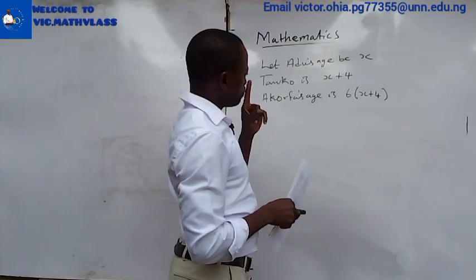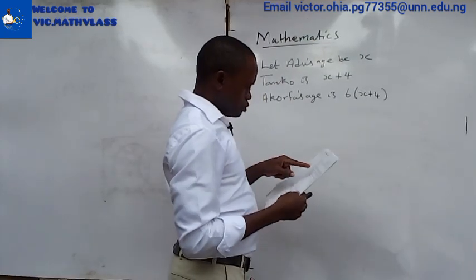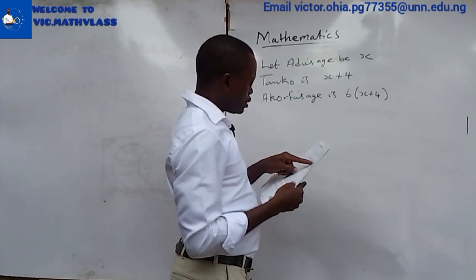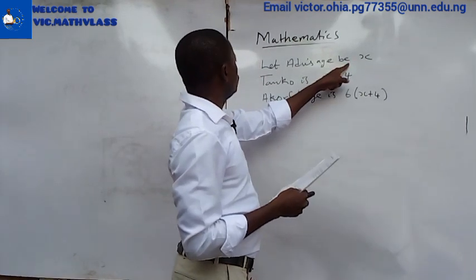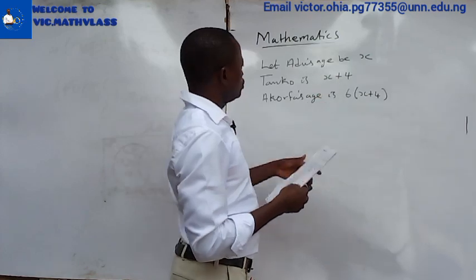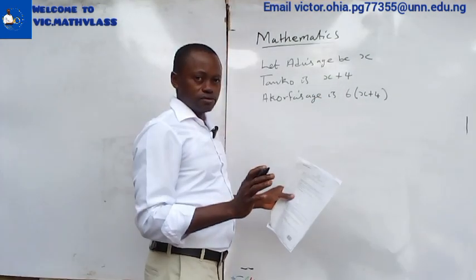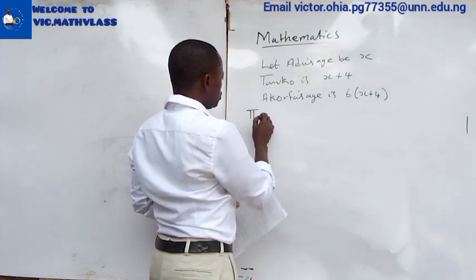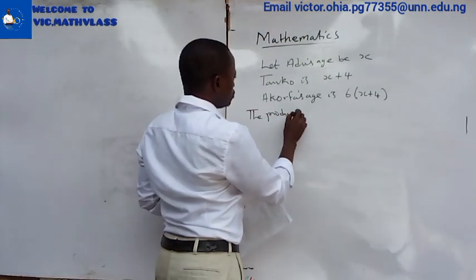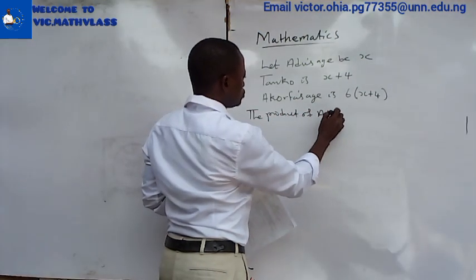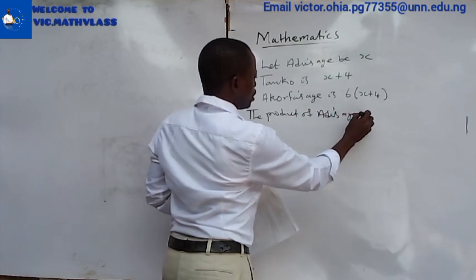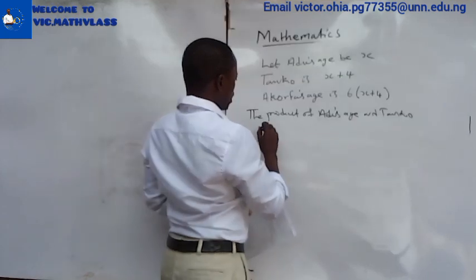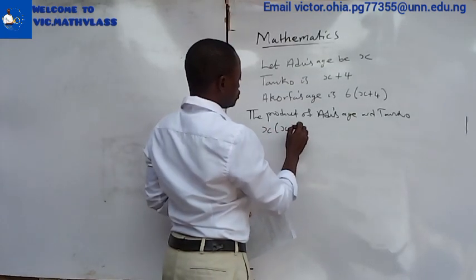Now you go back to the statement that says the product of the ages of Adu and Tanko. You see how the thing is going gradually. The product of Adu's age and Tanko's will then be X bracket X plus 4.